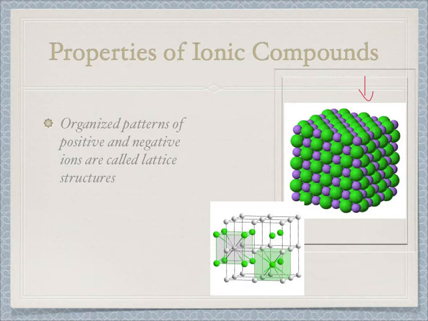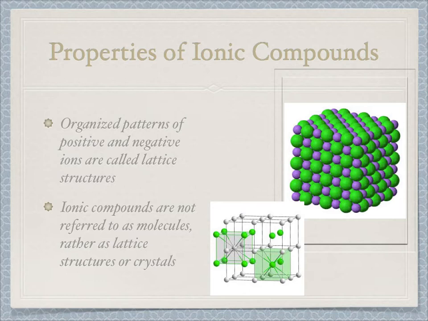It kind of can put them together like that pretty easily. The one down below is a little bit different, but it's another arrangement of atoms. This is a little harder to see, but there's like 2 kind of in the middle surrounded by like 6 on top and 6 down below and so on. These are known as lattice structures. So the way these ions arrange themselves, that's known as its lattice structure.